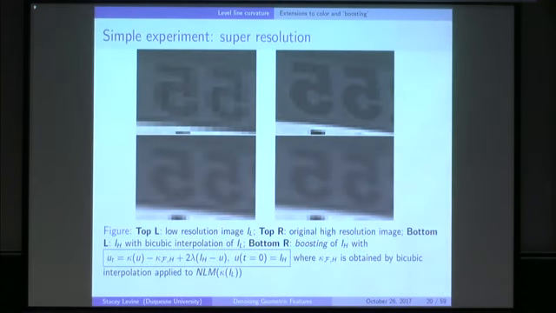And then we did a very simple experiment doing super resolution. This was a toy experiment, but literally just increasing by a factor of 2. So here is a high resolution image, and here is a low resolution version of it. This is what you get from bicubic interpolation, and this is what you get if you take the curvature of your low resolution image, apply non-local means to it to smooth things out, regularize it a bit, and then do bicubic interpolation.